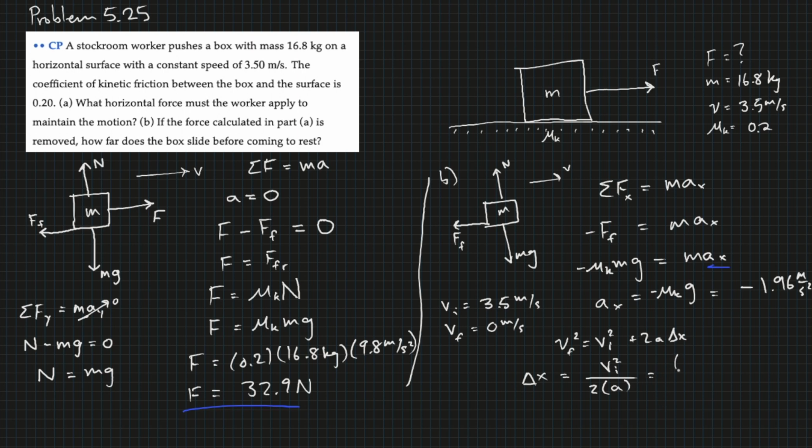And so once again, that's 3.5 meters per second squared over 2 times the acceleration. Oh, sorry, there's another minus sign out in front here. I forgot about that. Sorry, negative 1.96 meters per second squared. Just like that. And so my delta x is equal to 3.13 meters.